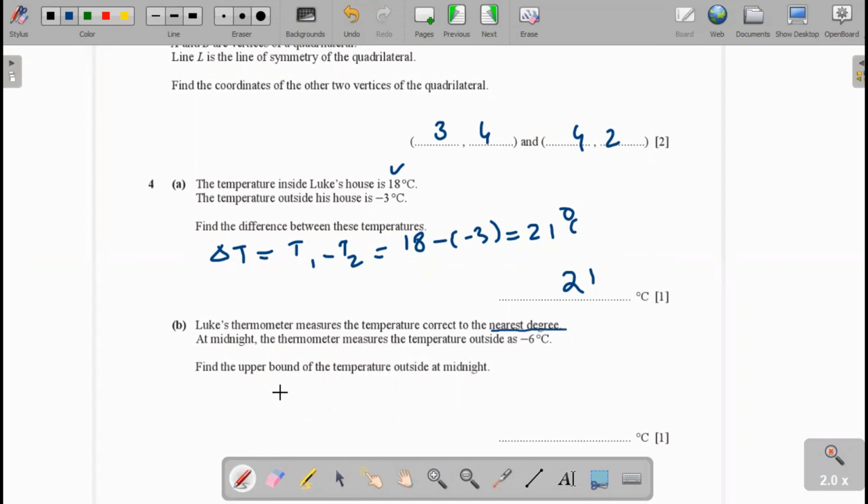Now when we have to find the upper and lower bound, for the upper bound of the temperature outside, with 1 degree value, we divide it by 2, we get 0.5. Now we add 0.5 to this temperature, we get the upper bound. Now the temperature is -6 plus 0.5, we get -5.5 is the answer.